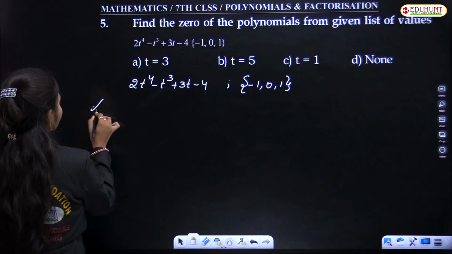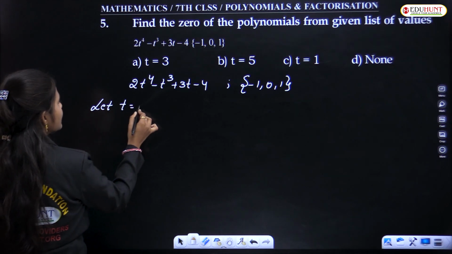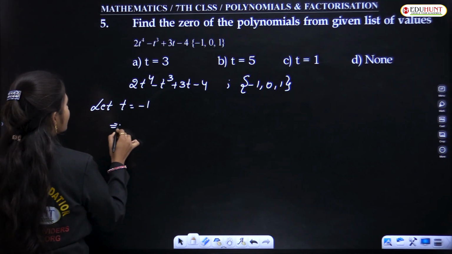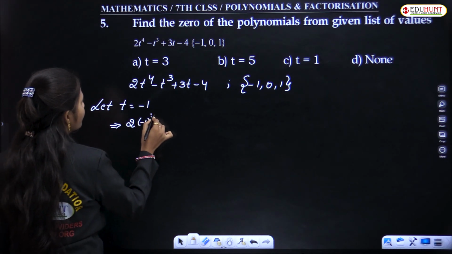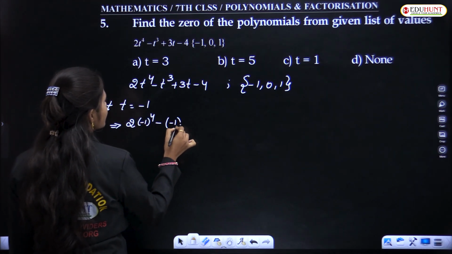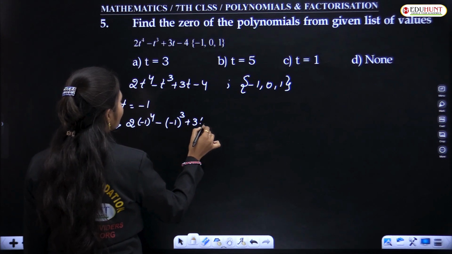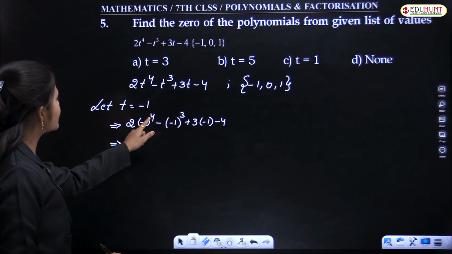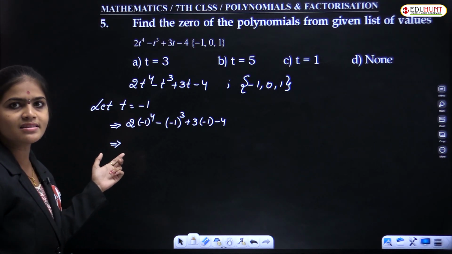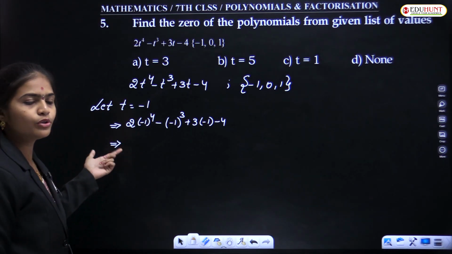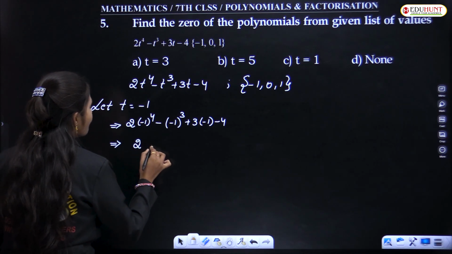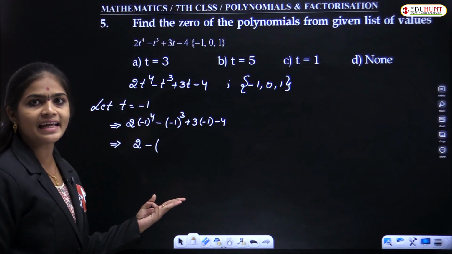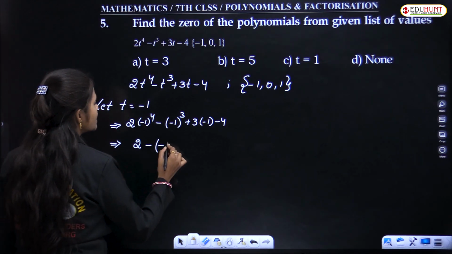So let us first take t equals minus 1. Substitute: 2 into minus 1 power 4 minus of minus 1 whole cube plus 3 into minus 1 minus 4. Minus 1 whole power 4 means again you will get positive 1 only. So 1 into 2 is 2, minus of minus 1 whole cube. Minus 1 multiplied by itself 3 times gives again minus 1.